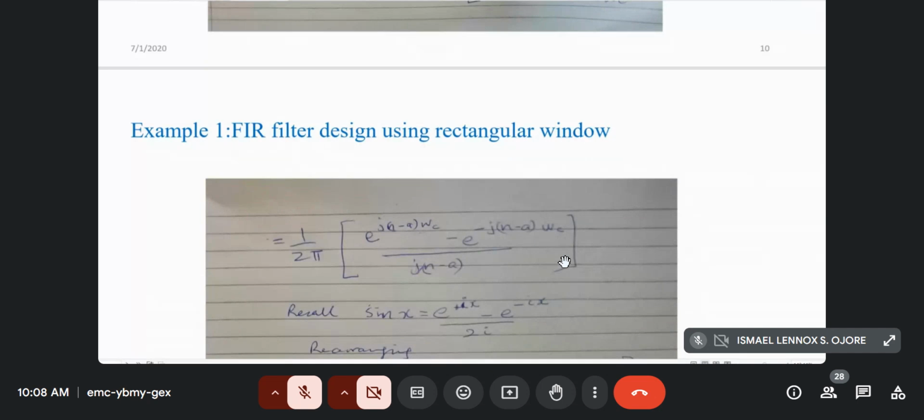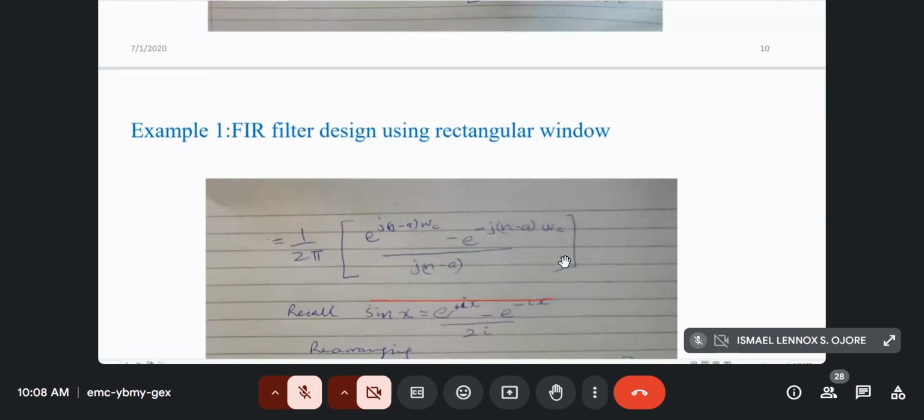And this is very important when it comes to filter design. These are trigonometric identities.